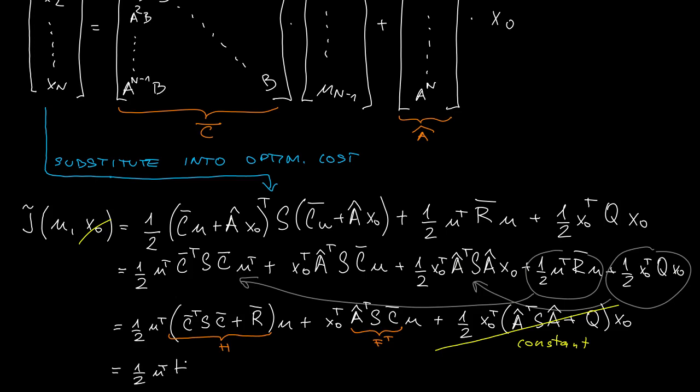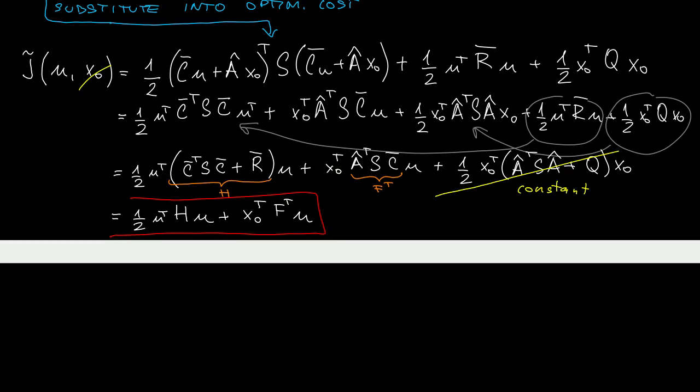So now I will label the two new matrices as capital H and capital F transposed. Therefore my cost function looks like this. And this is our old friend, the quadratic function, right? So finding its minimum is as easy as finding the gradient with respect to the optimization variable, which is u.